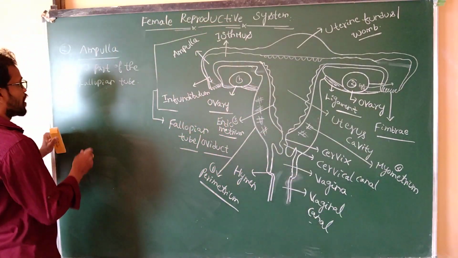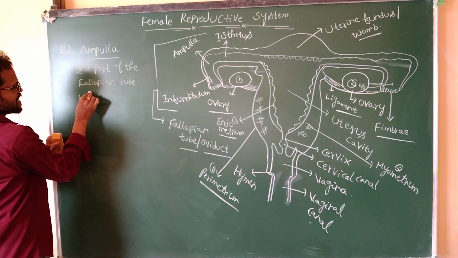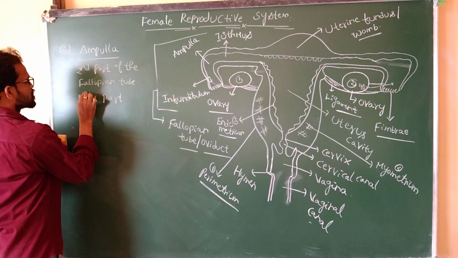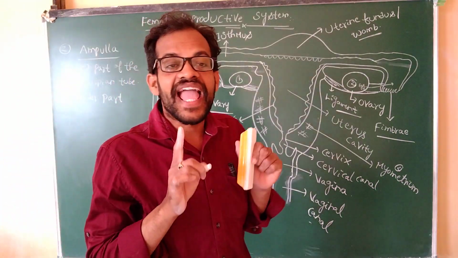The wider part of the fallopian tube is known as the ampulla.